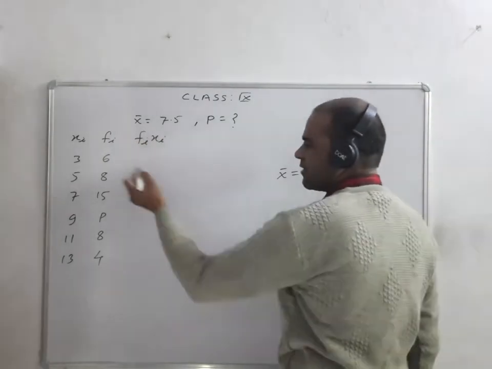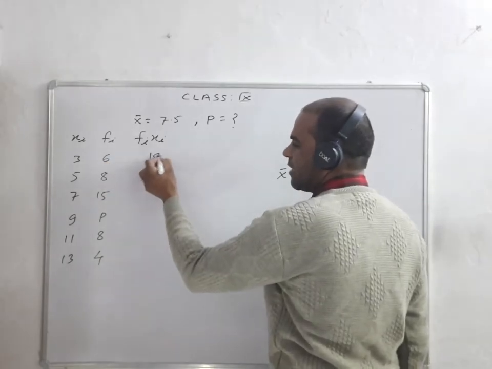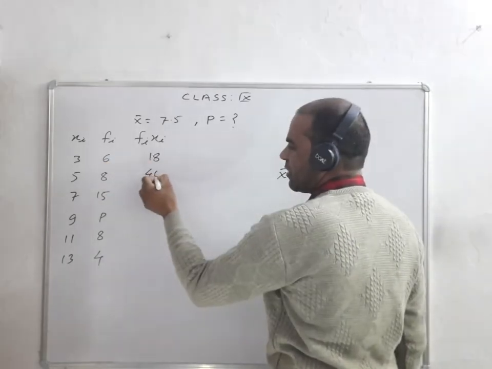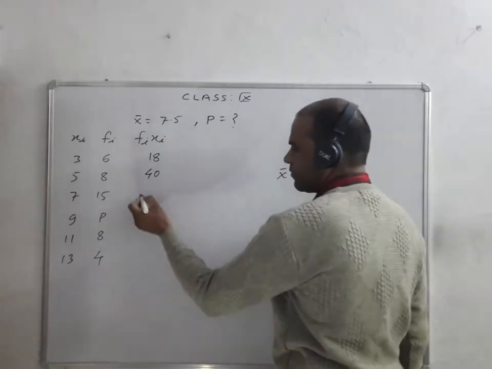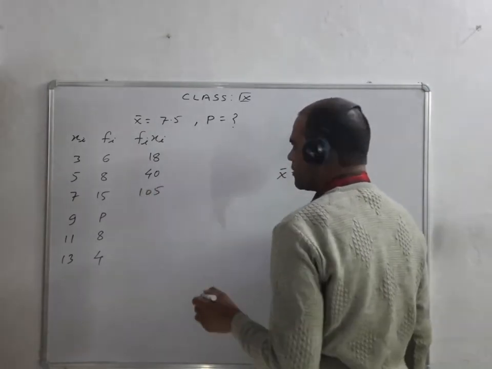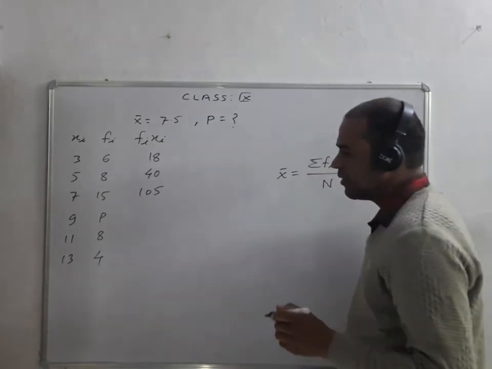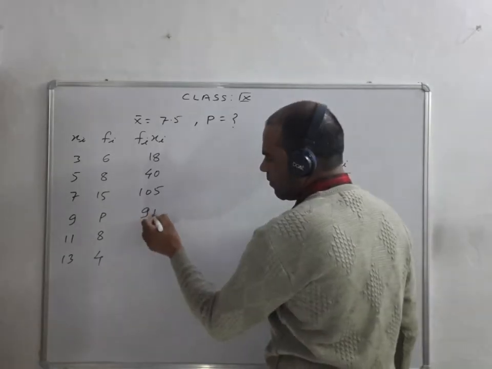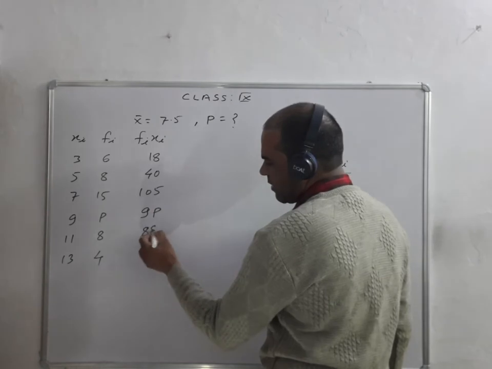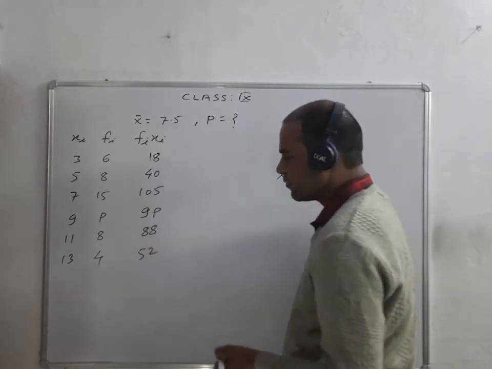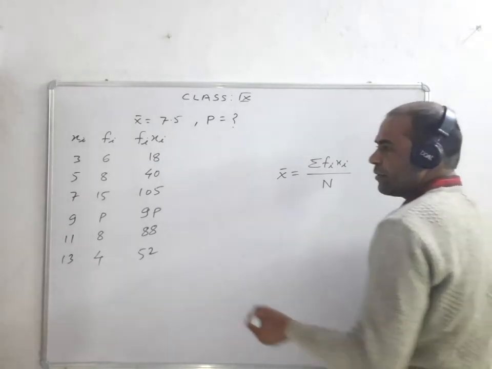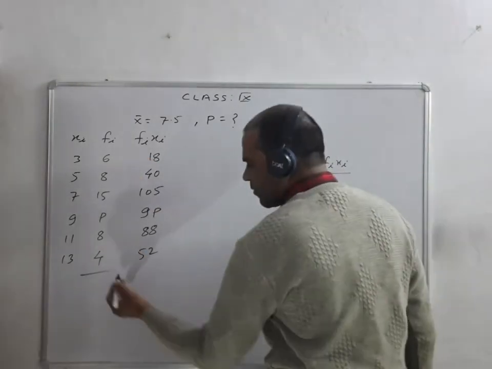So multiply this. 80, 40, 15 into 7 is 105, 90, 88, and 52.